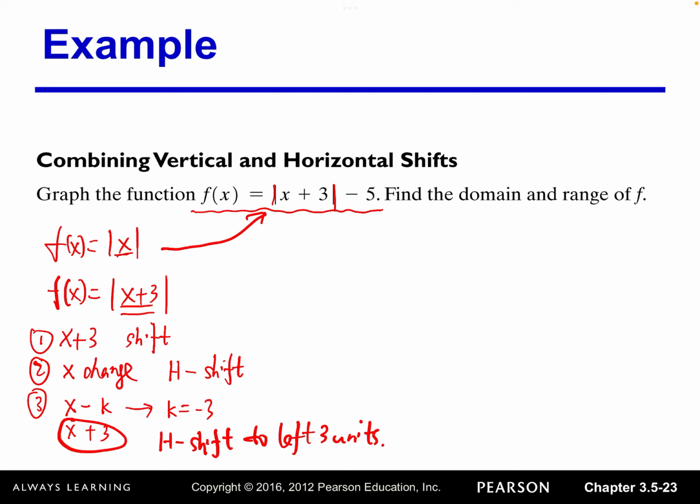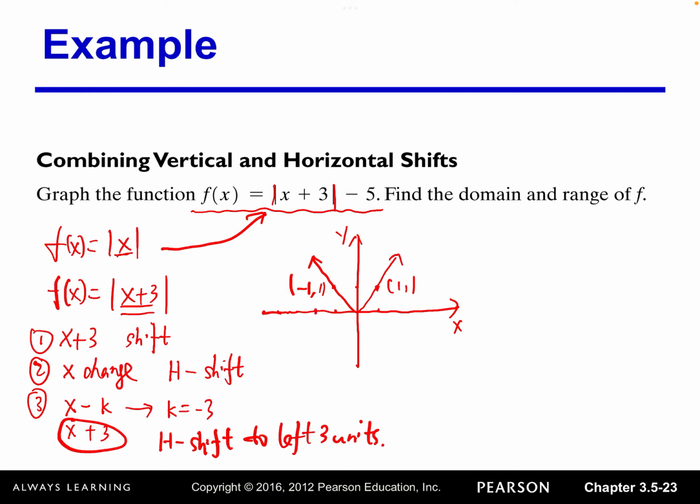Okay, and then what about the graph? So the original absolute value function is V-shaped, right? Here is the point (1, 1). This is (-1, 1), right? Now we horizontally shift to the left-hand side 3 units.